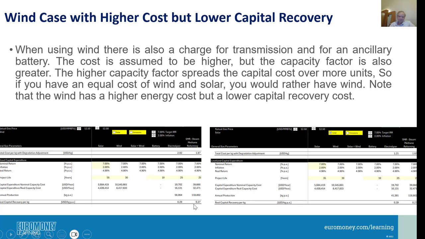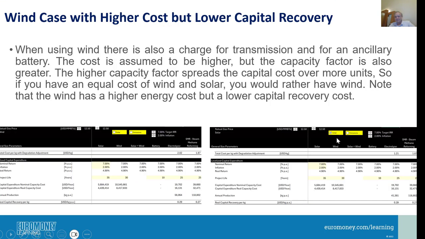Well, if we put the wind in, just a minute, what do I have here? This is now the capital recovery. I'm moving to the capital recovery cost per kilowatt hour. And what I do per kilogram, we take the cost of capital, we adjust it for inflation, we put how many years we're going to run this thing, and we get the capex spread over the amount of kilograms.